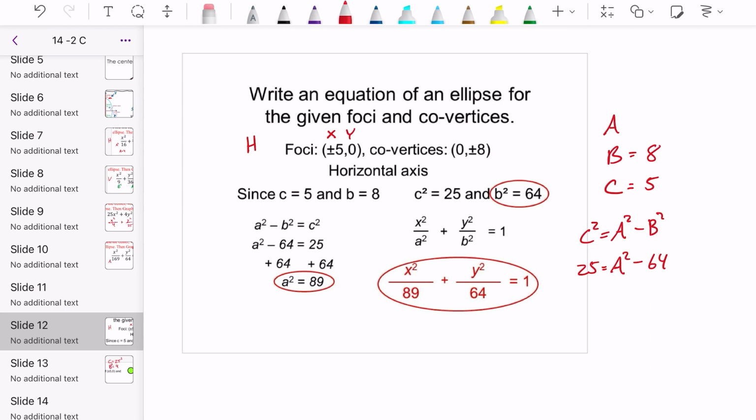You're going to add 64 to both sides. A squared is equal to 89. And that right there is going to be our A squared. So A is equal to the square root of 89.